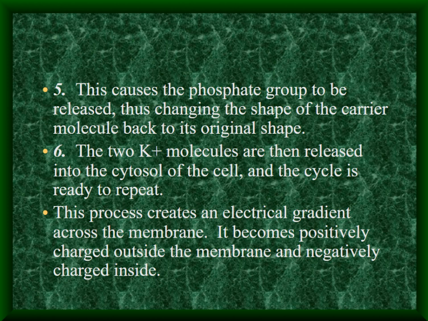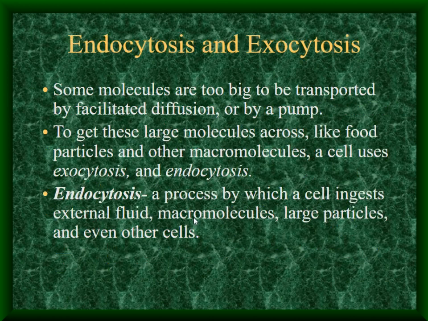If there's a need for sodium, it will once again activate. This process creates an electrical gradient across the membrane, which becomes positively charged outside and negatively charged inside, because you are losing those sodium ions once they get in, or potassium ions.